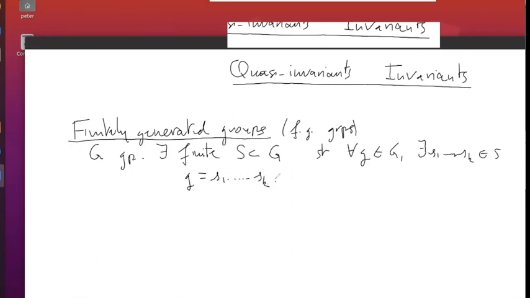So every element is a product. Any element of your group G is a product of elements of your set S. And so what is important here is that S is finite, of course.